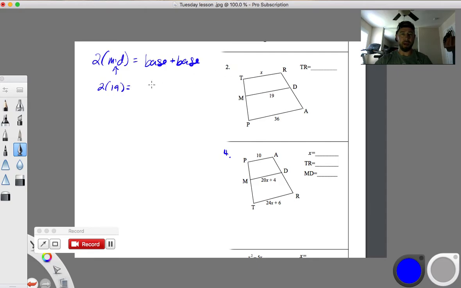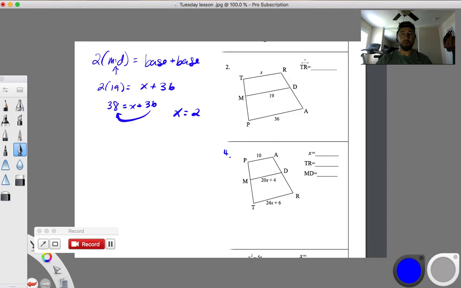Okay, this base is x. This base is 36. 2 times 19 is, I think, 38 equals x plus 36. Okay, slide that guy over, and I think we get x equals 2.